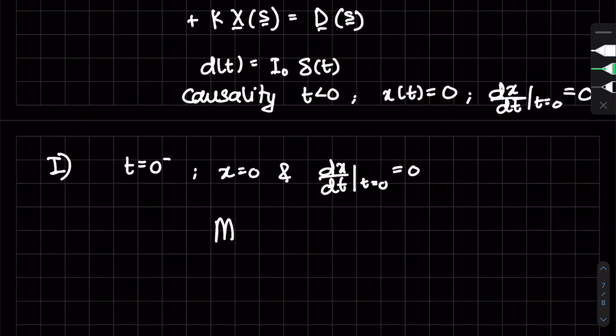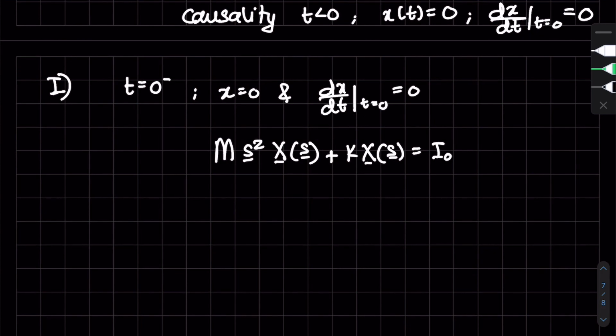So we're just left with this simple form: m times s squared, capital X of s, plus k times capital X of s equals I naught. So capital X of s is I naught over m divided by s squared plus k over m.